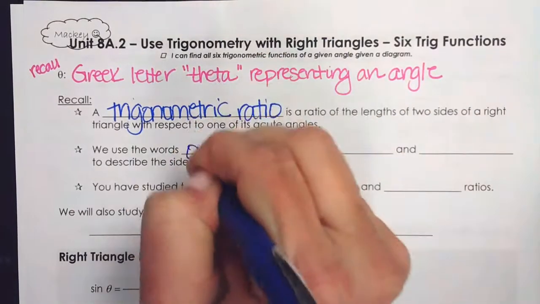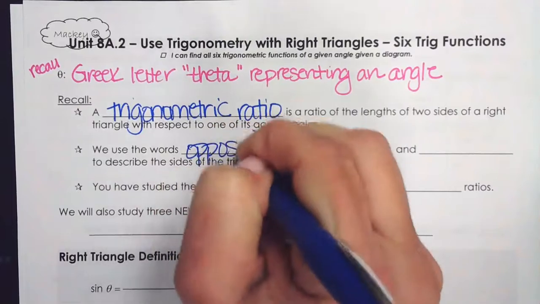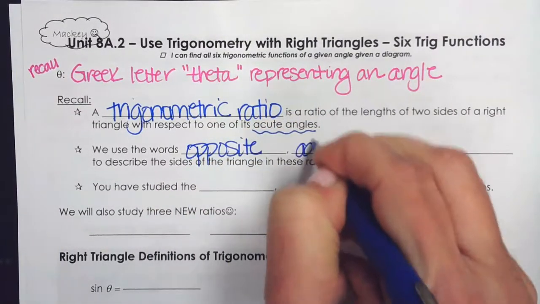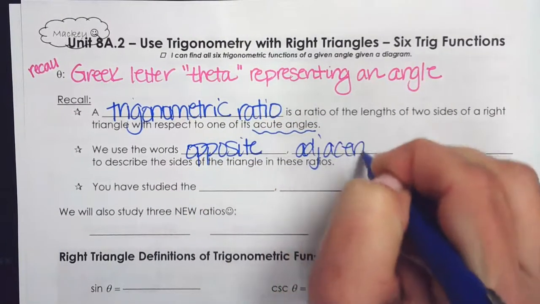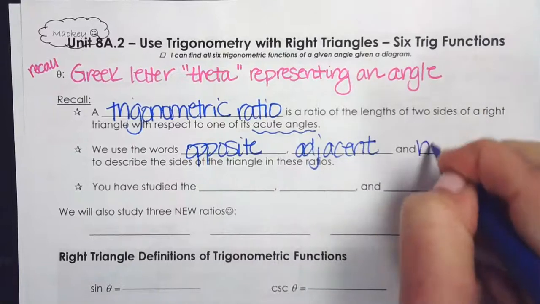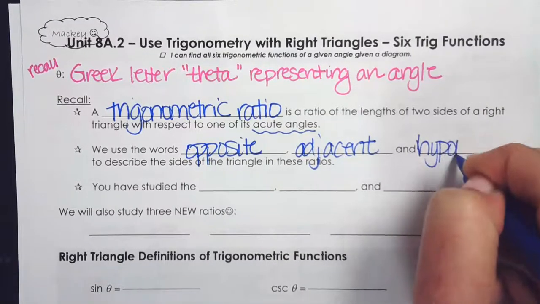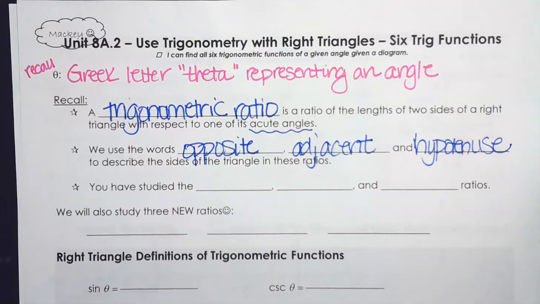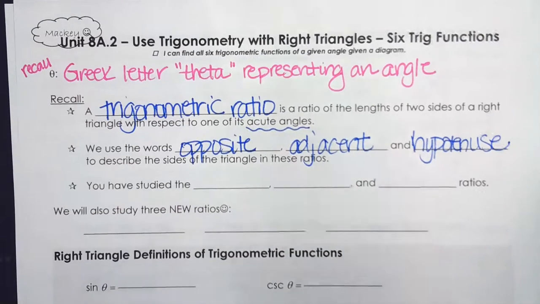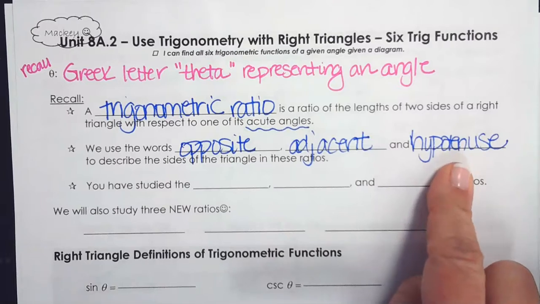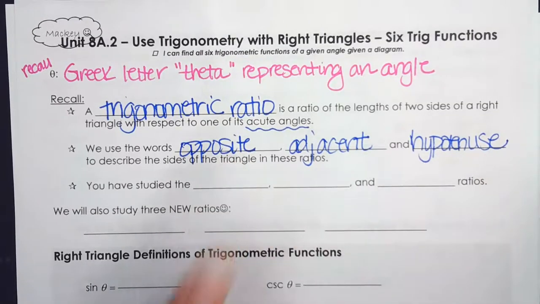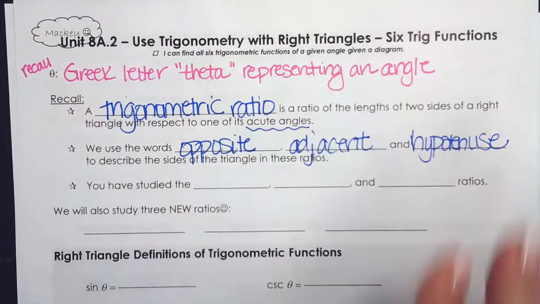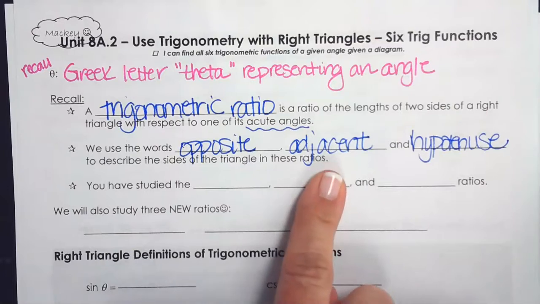And again, we use the words opposite, adjacent, and hypotenuse to describe the sides of the triangle in these ratios. So hypotenuse is always across from our right angle. Opposite is the side opposite the acute angle we're looking at. Adjacent is the leg that touches the acute angle.